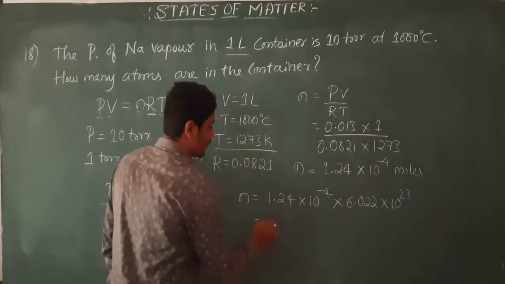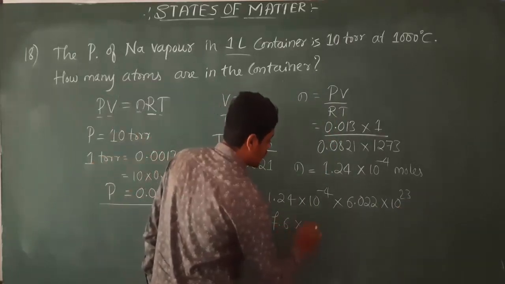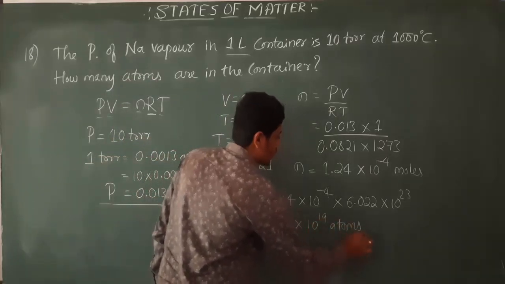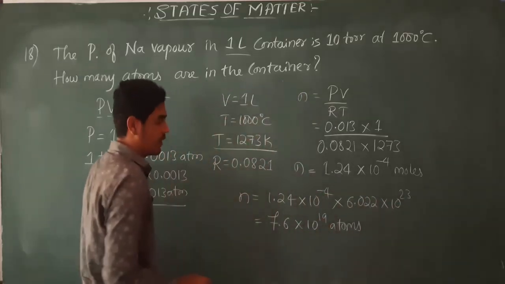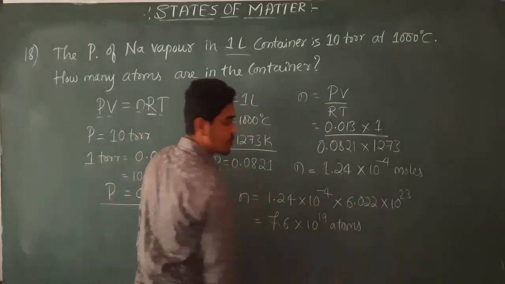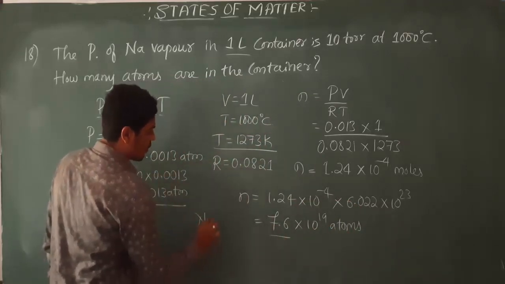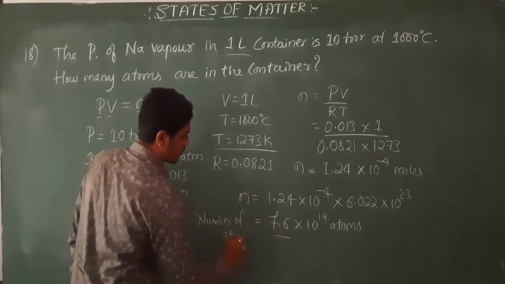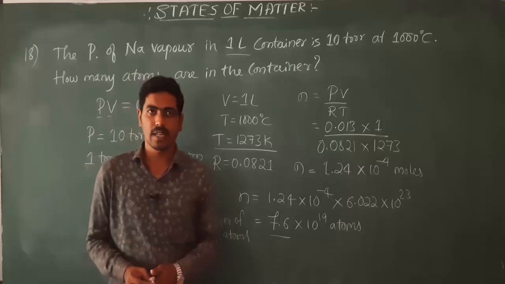So on simplification, you will get 7.6 into 10 raised to 19 atoms. Minus 4 plus 23 will give plus 19, and 1.24 into 6.022 is 7.6. So this is the number of atoms. So option B is the right answer.